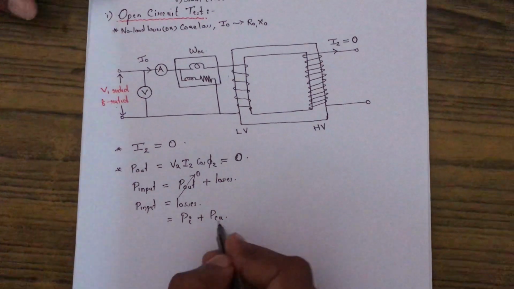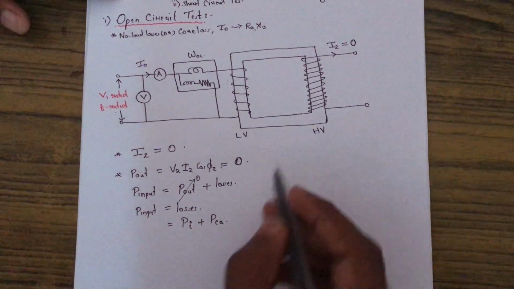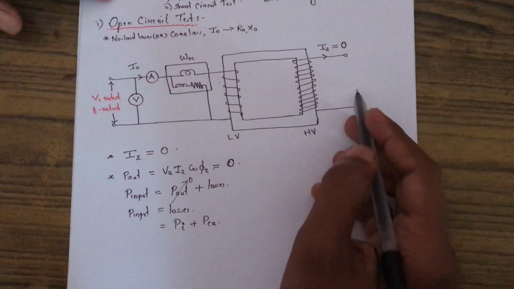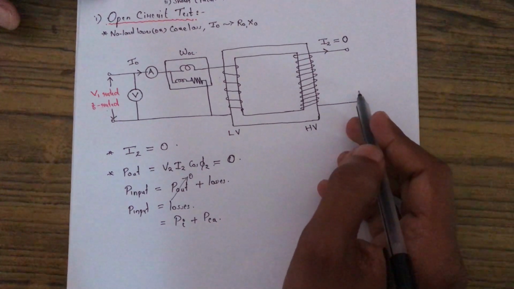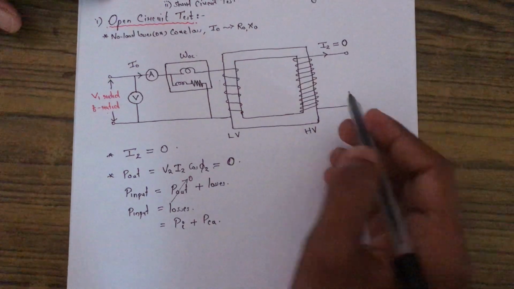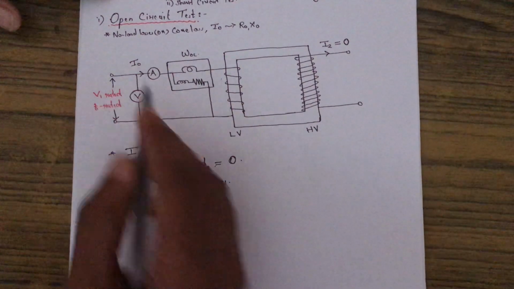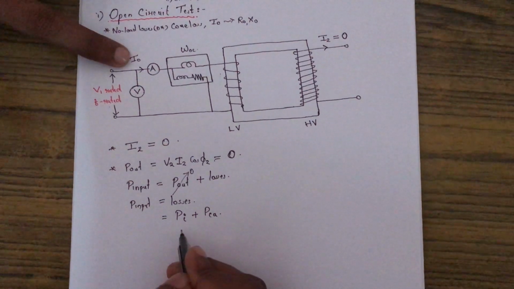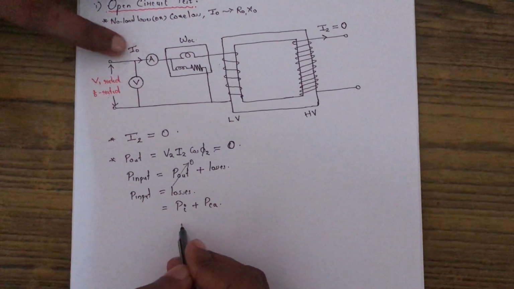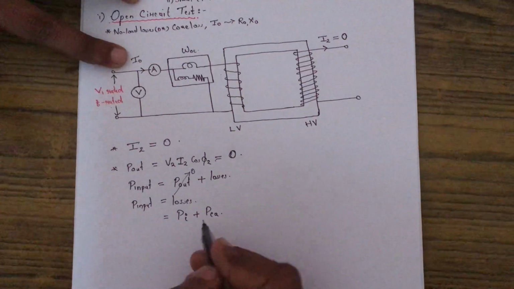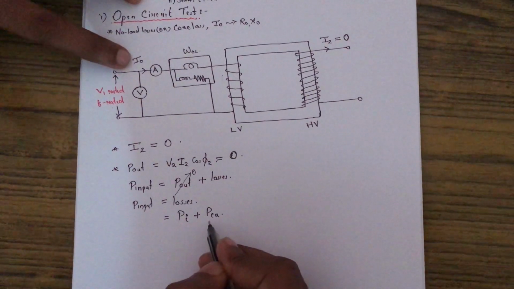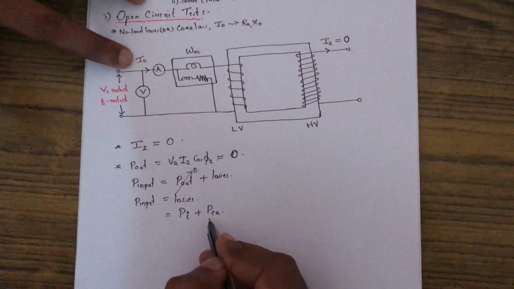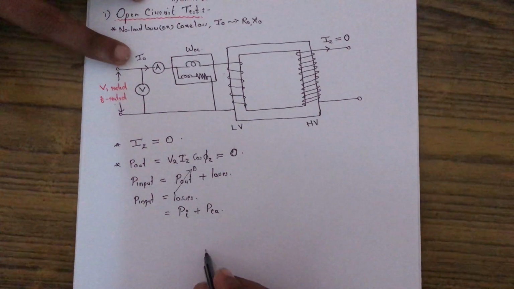Since we are not connecting any load on the secondary side, the current drawn will be only the no load current, and we know the no load current will be very less compared to the rated current. Since the value of current flowing will be very less, we can neglect the copper loss, that is the I square R loss.